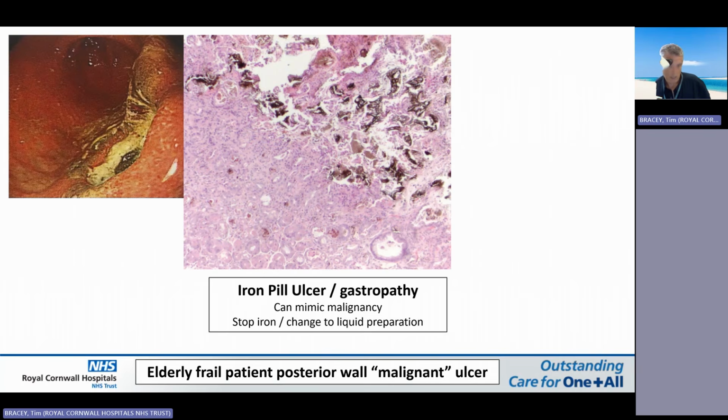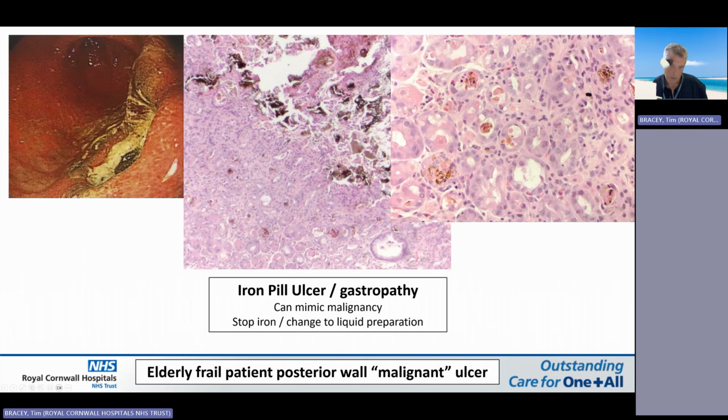But on the biopsy, you get this crystalline sort of brown to black material, which is indicative of iron pill gastropathy, and that causes a caustic destruction of the superficial epithelial cells in the gastric mucosa.